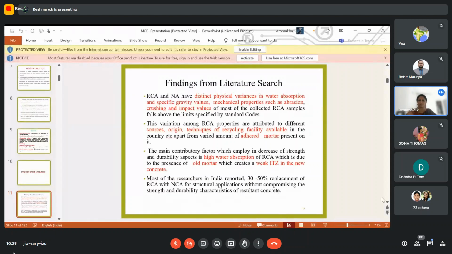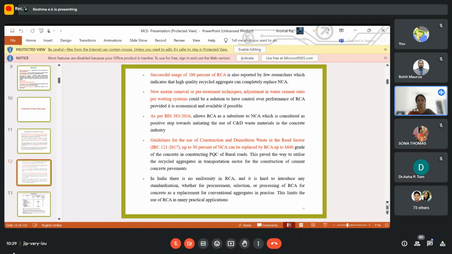And I got to know from the literature that most researchers say 30% or 50% replacement is possible. When I say 30% or 50%, in terms of material sustainability it is fine. But in terms of cost, I cannot conclude that 30% or 50% is enough.